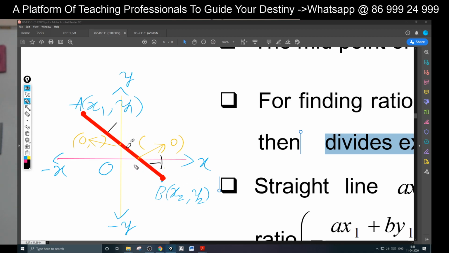I will name it. This is P, this is Q. Now I am interested in P here. So P formula: lambda y1 plus 1 y2 is equal to 0. I am writing only the y coordinate because y coordinate is 0 here.